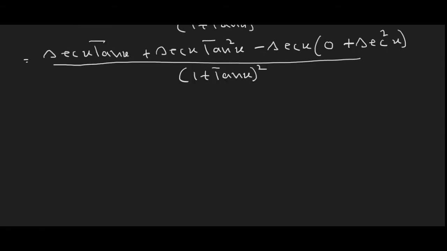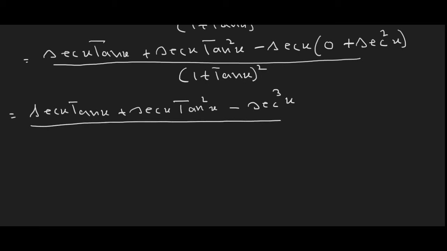Now secant x tangent x plus secant x tangent square x minus secant cube x whole divided by 1 plus tangent x whole square.